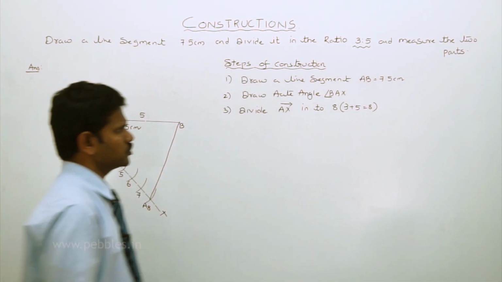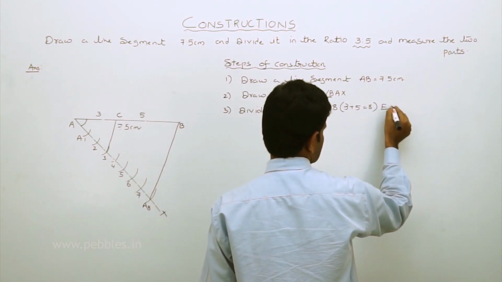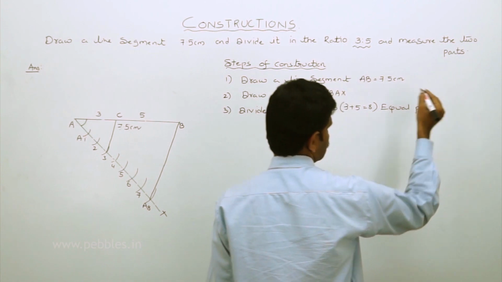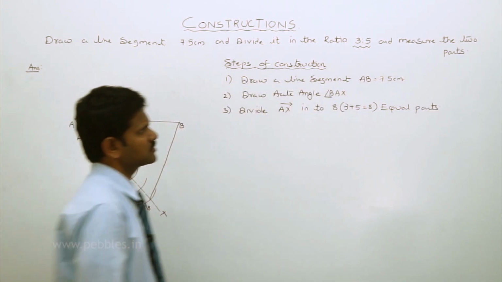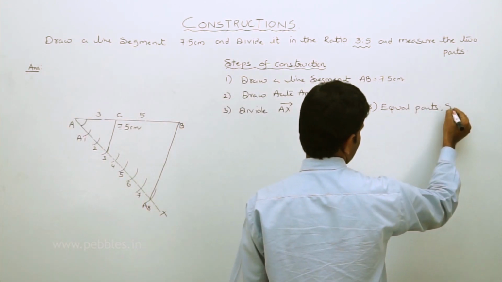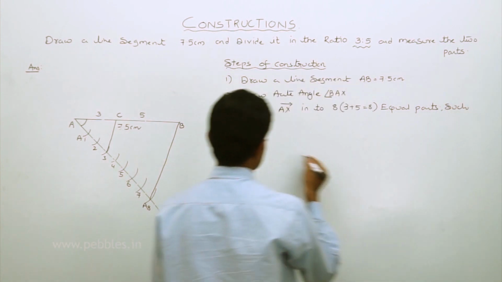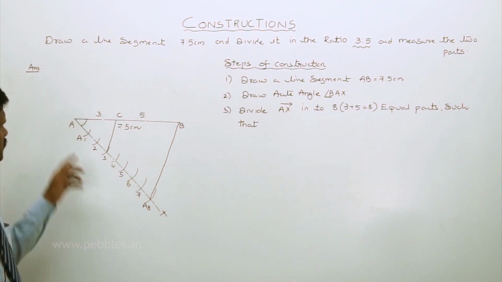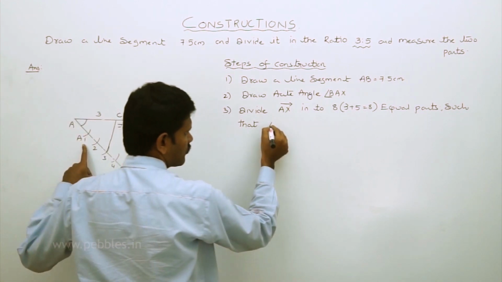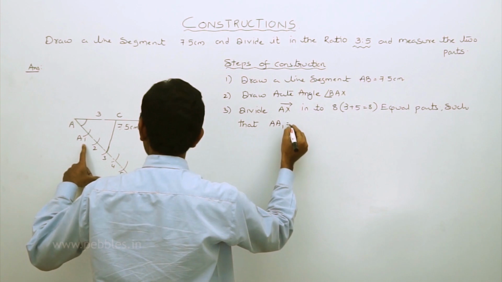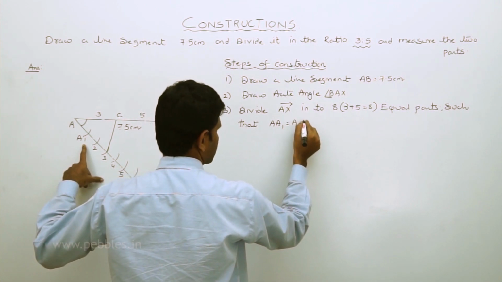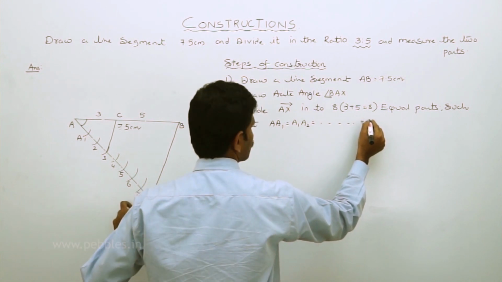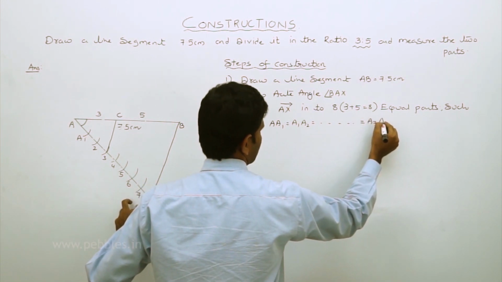Divide AX into 8 equal parts such that AA1 is equal to A1A2 and so on equal to A7A8.